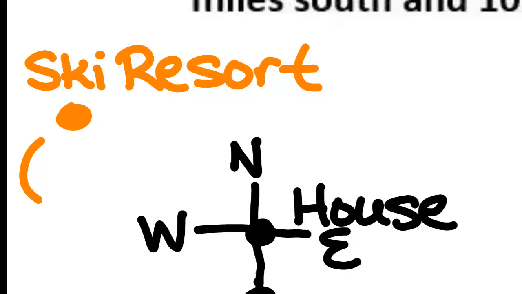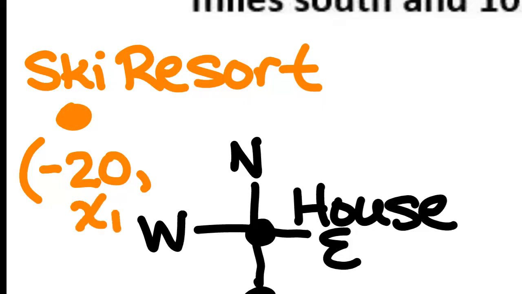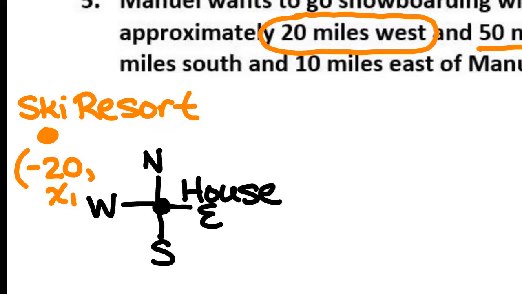If I go this way on an x-axis, is that positives or negatives? Negatives. So my x part is negative 20. There's my x1. Negative 20. 50 miles north. That's my y number. Is that going to be a positive or a negative 50? Positive. We went up, so that is a positive. So that's my y1.